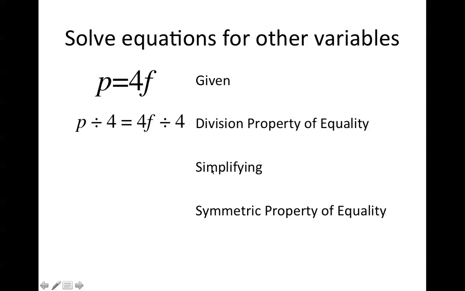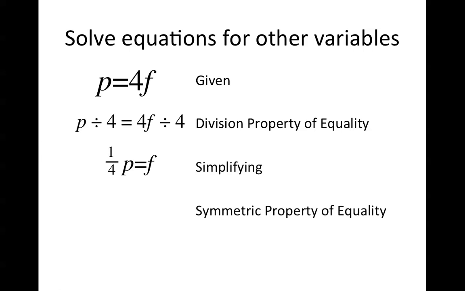The next step is to simplify. 4F divided by 4 is just F. So on this side we're going to have F. On the other side of the equation we're going to rewrite P divided by 4 to look like 1/4 P. So there's the new version of our equation.